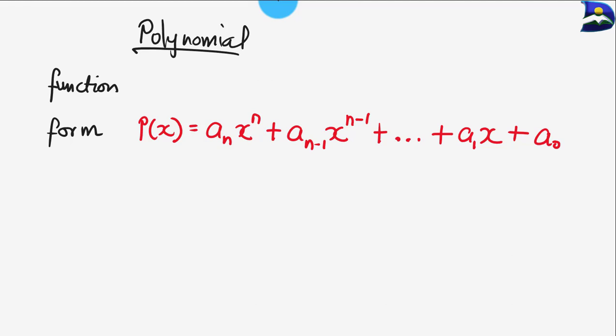So the initial value, or the constant, which is what we have at a naught. But anyways, we'll talk more about that.